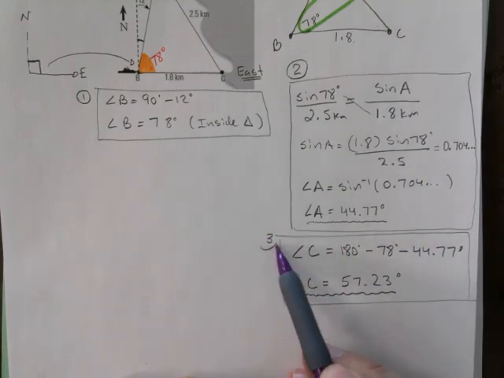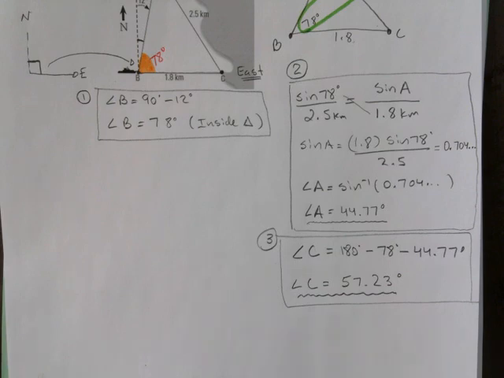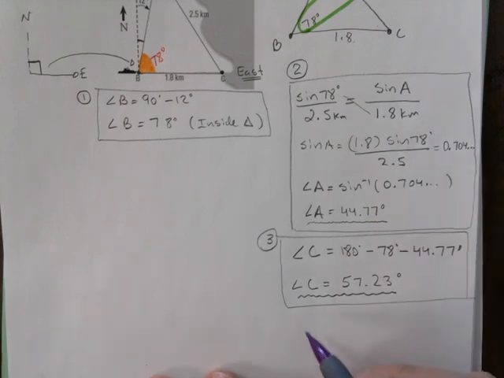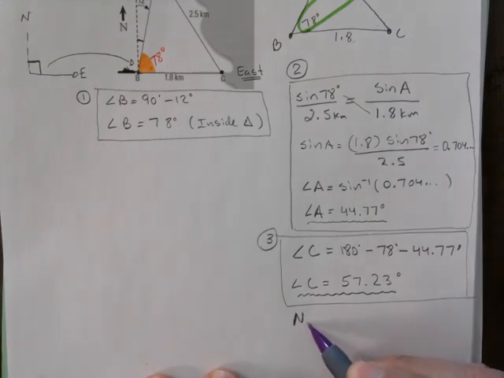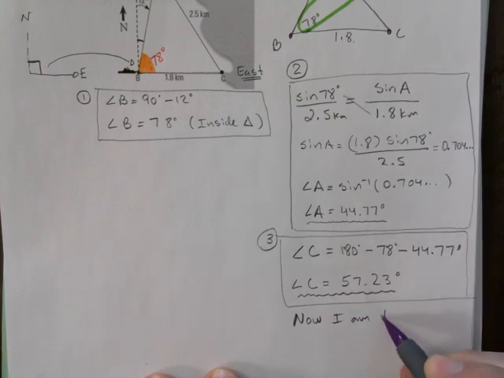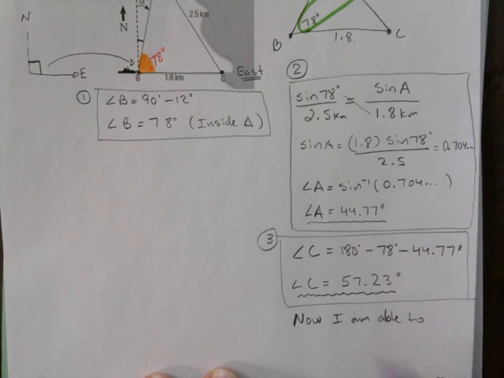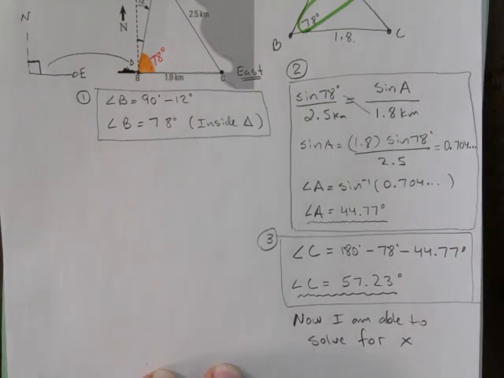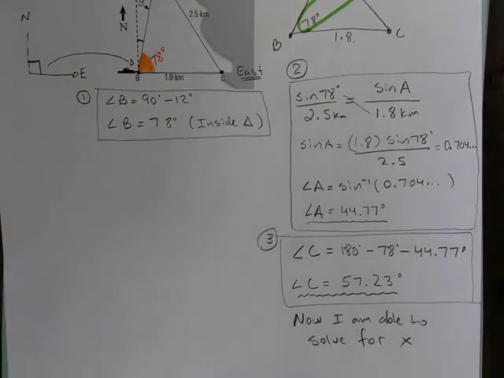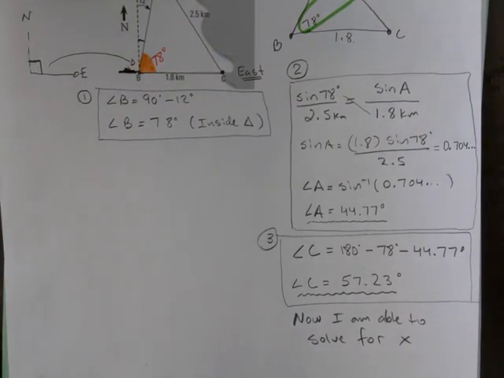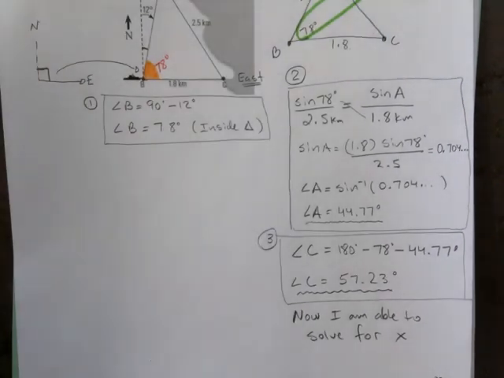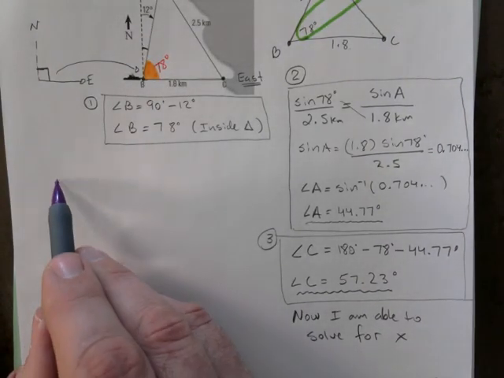They won't always be this crazy. Like, this would be definitely on the harder side because there's so much that needs to happen. Okay. Now I am able to solve for x. So let's do that here.